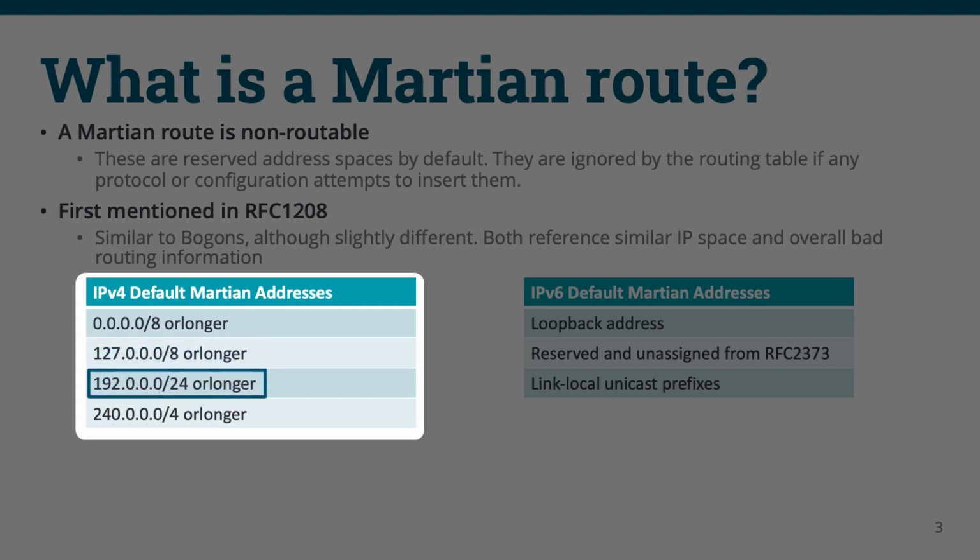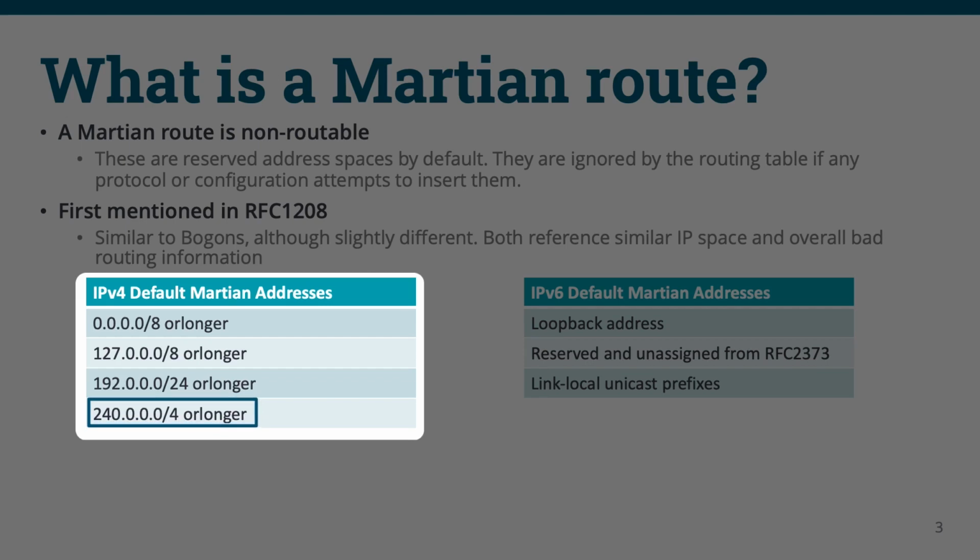The 192.0.0.0/24 space was originally reserved by IANA, though the original basis for reservation is no longer valid, and the space may eventually be allocated by a regional registry in the future.